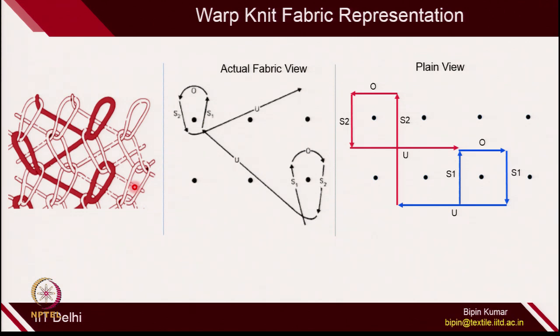So, naturally this fabric repeats every 2 courses, and if you just represent the movement of one yarn for 2 courses, that should be sufficient to represent the entire fabric structure.